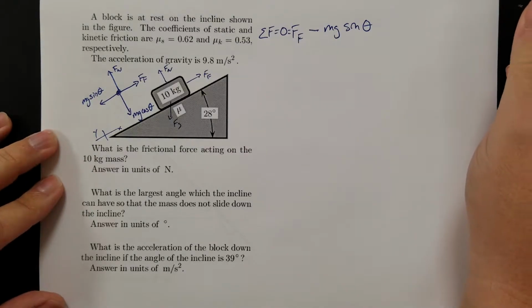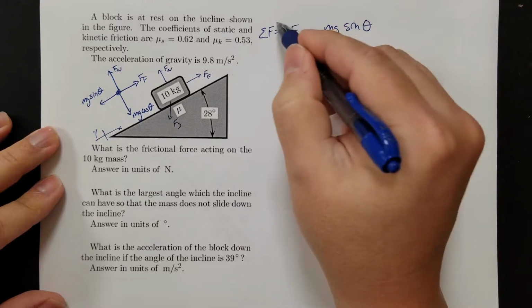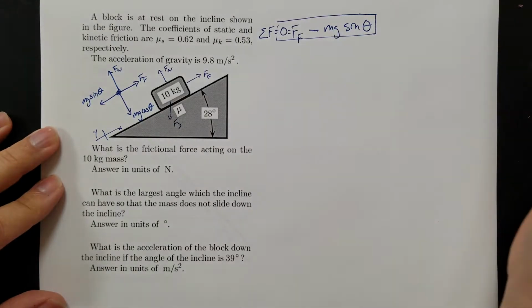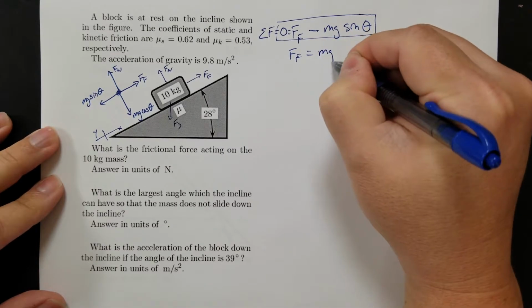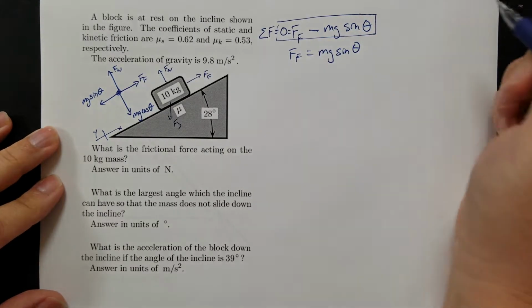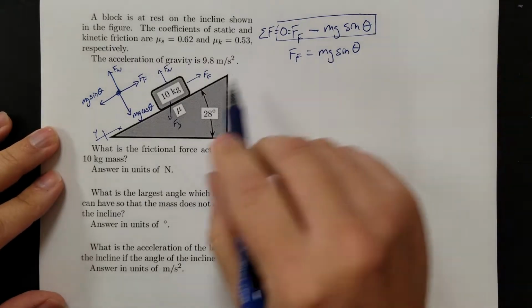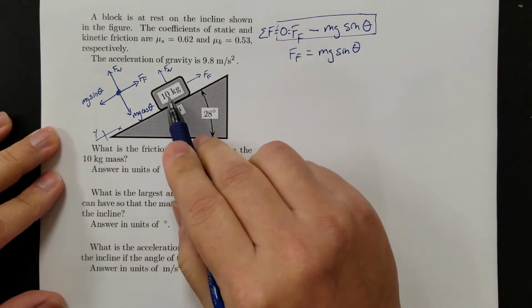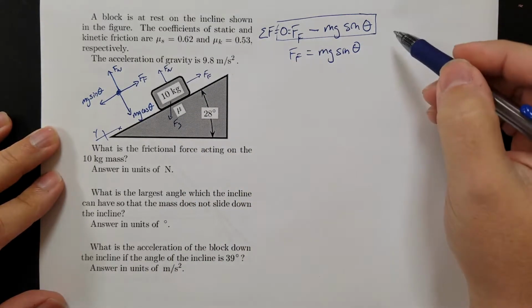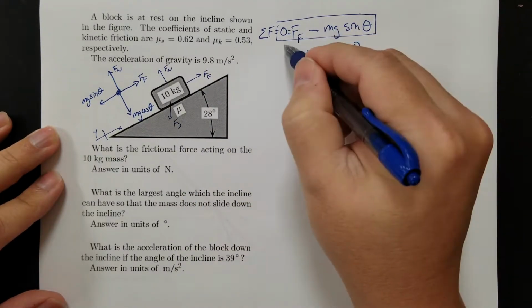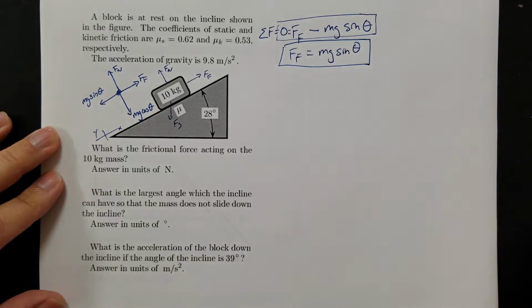So if 0 equals that, here's my equation, that basically means that FF equals mg sine theta. And I know m, and I know g is 9.8, and I know the angle here, so I can get the frictional force by doing mg sine theta.